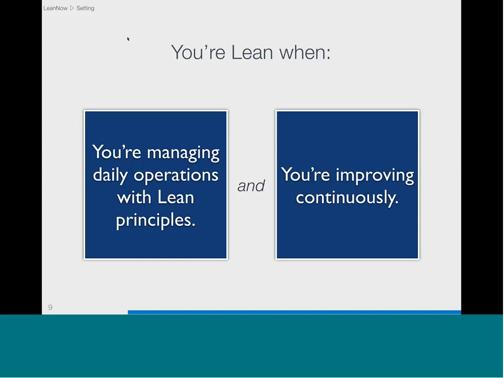So that's the definition I'm going to use today. When you can get to the point where you're managing daily operations and improving it, then I think it's safe to call yourself a lean organization. A lot of organizations believe they're lean, but actually can't do these two steps on an ongoing basis.